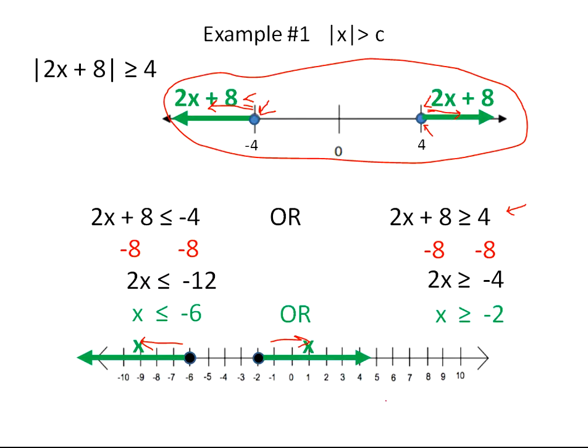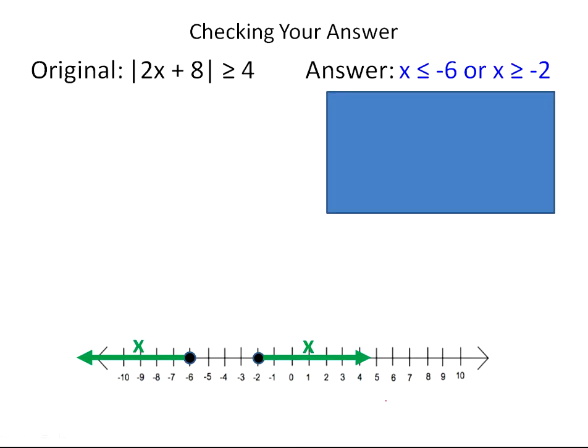Now we want to check our solution. And so we're going to go over here. Here's the original equation and our inequality, and then we have our answer. So as we look at our graphic representation here, we want to pick a number that's in the green. And something in the green should make the original inequality true.